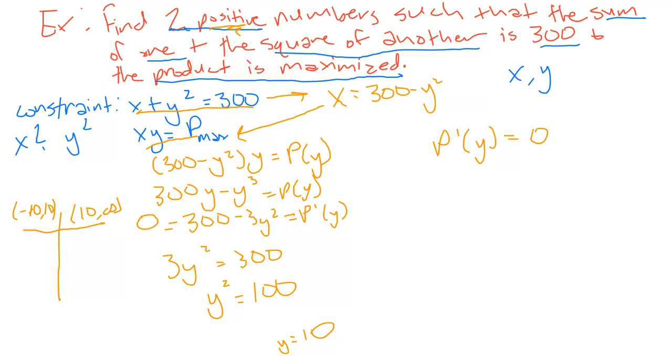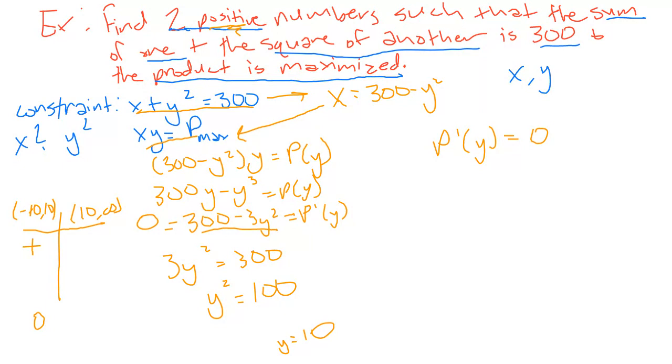So if we go back to 300 minus 3y squared, let's plug in 0. If we plug in 0, we're getting a positive value for our p prime.